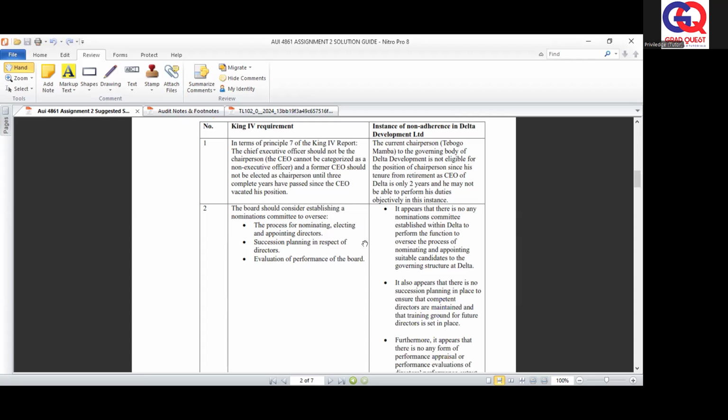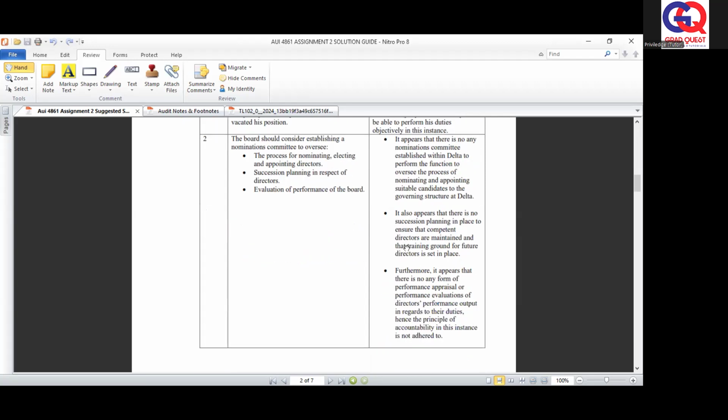And then the second one was about the board considering establishing a nominations committee to oversee the process of nominating, electing, and appointing directors, succession planning in respect of directors, and evaluations of the performance of the board. It's part of the recommendations. Now there are quite a number of instances of non-adherence regarding that. Number one, it appears that there's no nominations committee established within Delta to oversee the process to nominate and appoint suitable candidates to the governing structure at Delta.